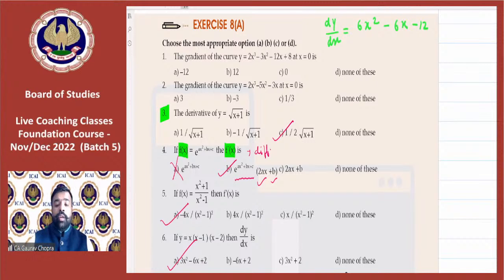We have to find the value at 0. So if we input 0 in place of x, what will be the result? It will be minus 12. So minus 12 is simply the gradient. Whenever we have to calculate the gradient, the first step is always to calculate the derivative and then input the value of x. So this was question number 1. We can select option A.